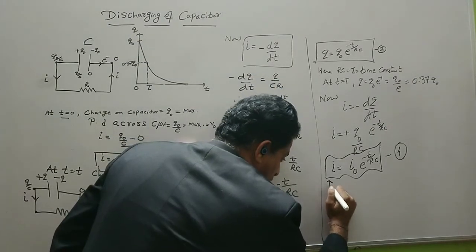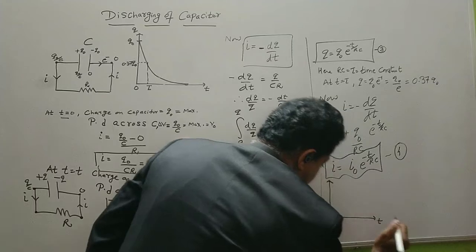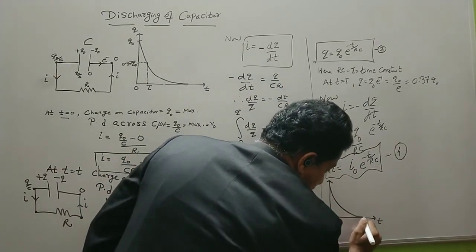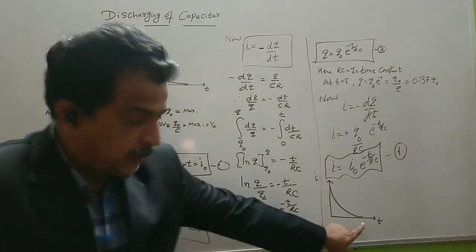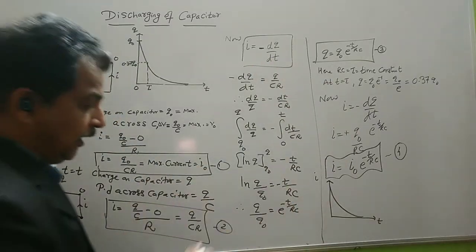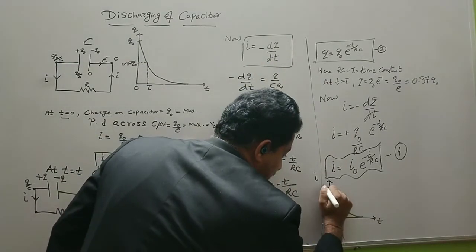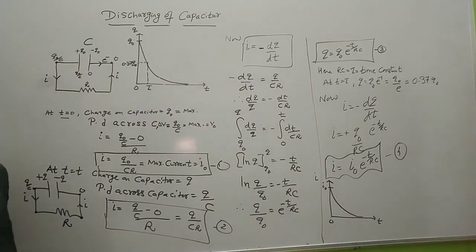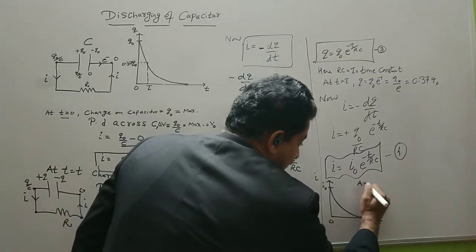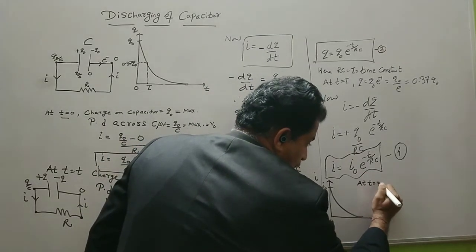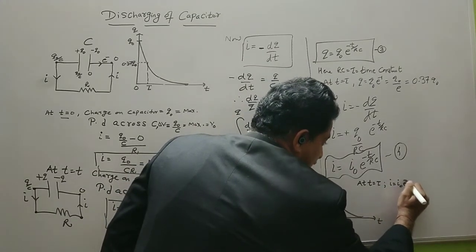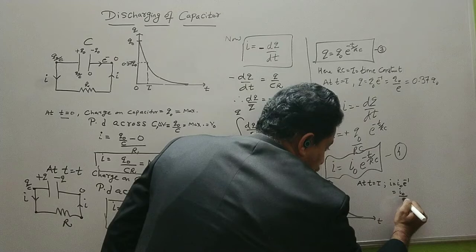So the graph of I versus time exponentially decreases, and again it will not touch zero, or at infinite time. Ideally it should be an infinite time. This value is the maximum current I naught, and again at t is equal to tau, that is RC, I is equal to I naught e raised to minus 1, that is I naught upon e.